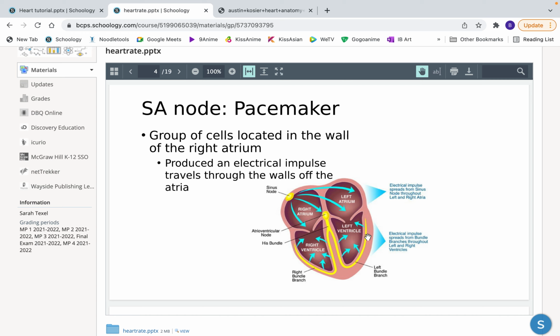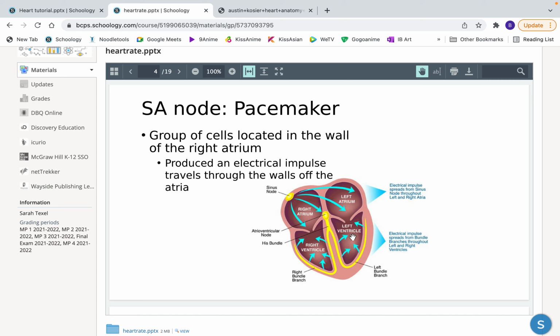Those are the two main parts that contribute outside of the heart to whether it speeds up or slows down: the hormones adrenaline and epinephrine. The adrenaline is from the adrenal gland, of course. Adrenaline, adrenal, we get it. And then we also have that medulla, that part of the brainstem that is going to tell whether or not we need to speed up or slow down.